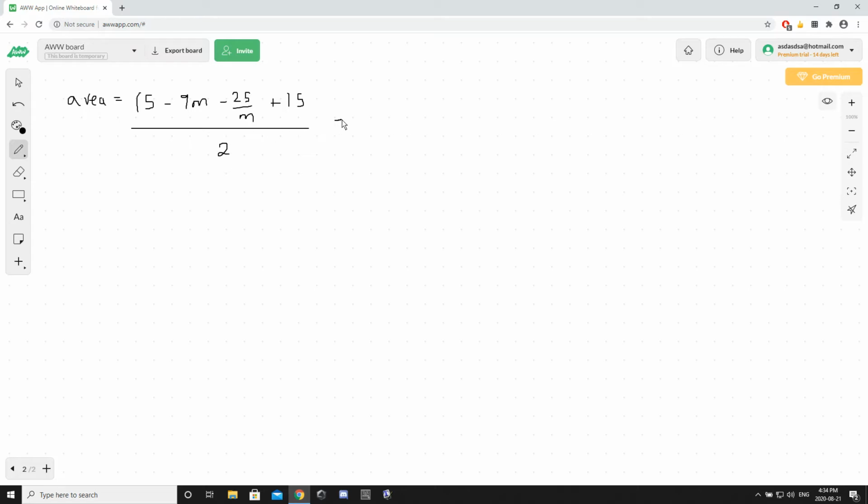I'm going to keep simplifying. I'm going to put the 15s together, so that means 30 minus 9m minus 25 over m, and then that over 2.